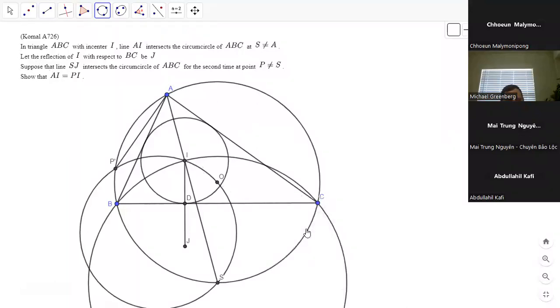All right. So we have a cyclic quadrilateral, and then, okay, I feel like we're close then.